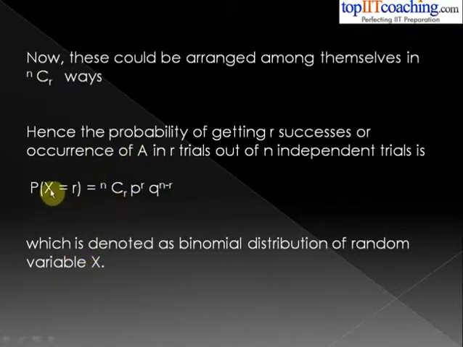So in general, if A occurs R times, then X is equal to R, and so the probability distribution would be nCr into P to the power of R into Q to the power of n minus R. Here we should note that each of these n trials is independent of the others, and the probability of occurrence of A in one trial is P, and the non-occurrence of A is represented by Q. So P of X equal to R is given by nCr into P to the power of R into Q to the power of n minus R.